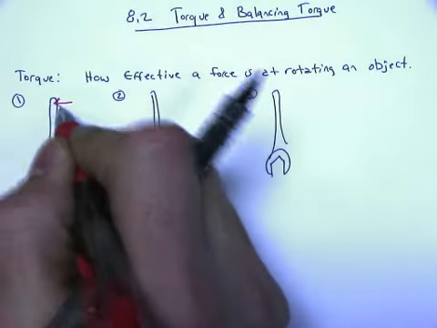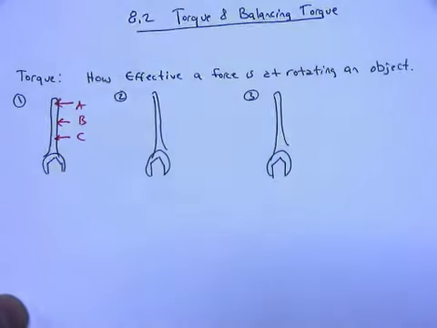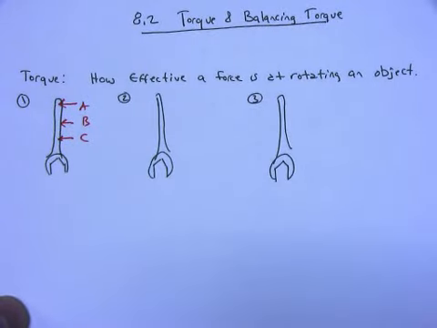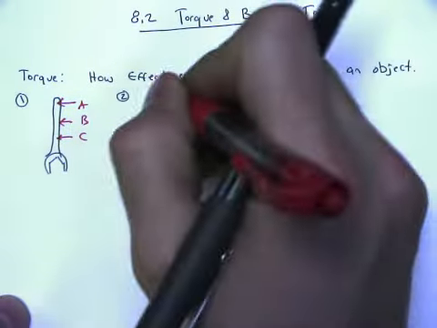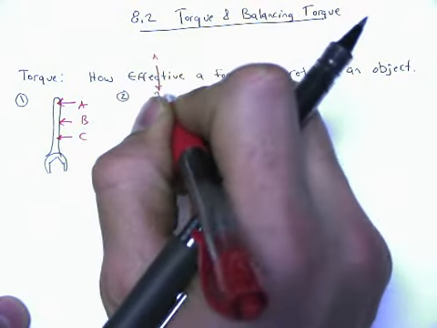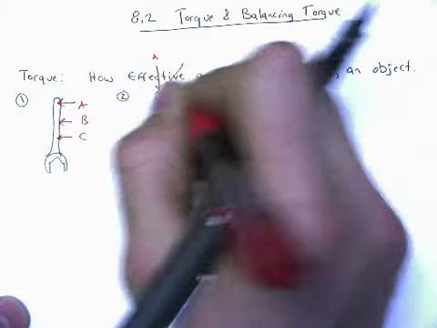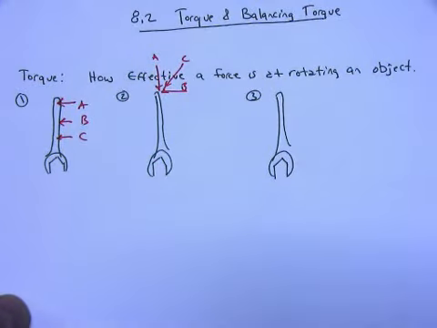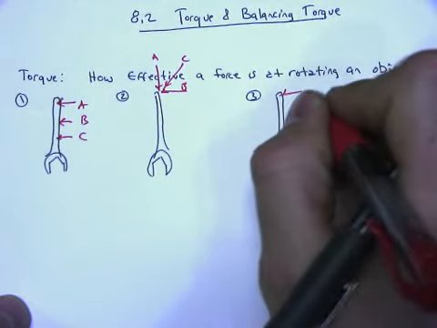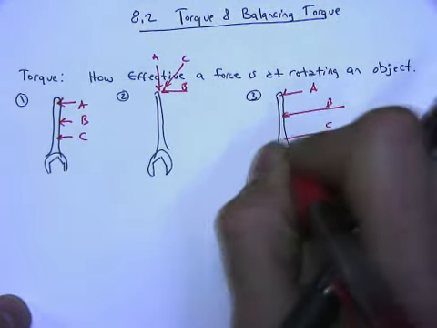In case 1, I've got 3 forces, A, B, and C, all pushing on my wrench. In case 2, I also have 3 forces: a force pushing straight down, a force pushing straight sideways, and a force pushing at an angle. And in case 3, I've got 3 forces, A, B, and force C.